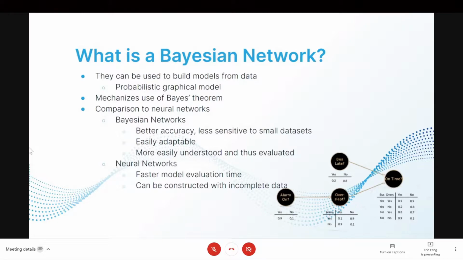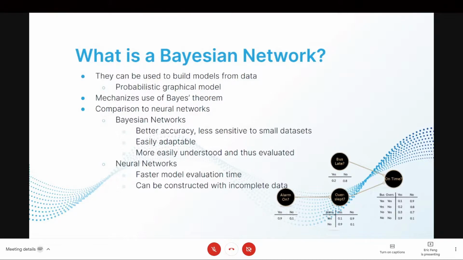Neural networks have a much faster model evaluation time because they only use weights, and these weights don't usually change after the first construction, while the Bayesian network can use much larger distributions, which makes the evaluation time much slower for inputted data.